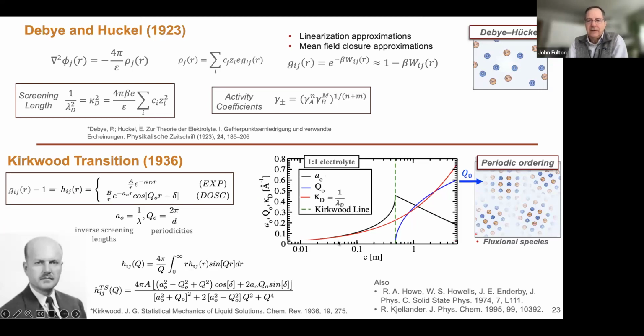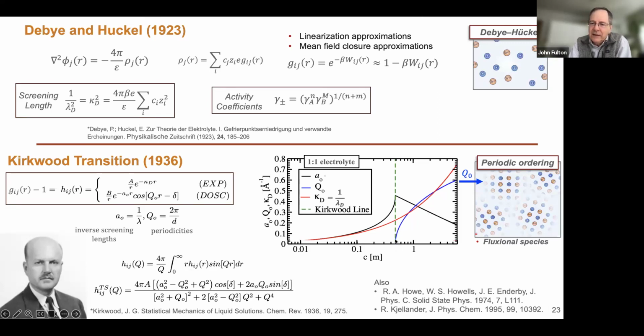This is shown conveniently in this plot here. The red line is the inverse screening length from Debye-Huckel, and the black line is from the Kirkwood theory. It shows that at very low concentrations, it agrees with Debye-Huckel, but at some intermediate concentration, the inverse screening length increases, goes through a cusp, and then the trend reverses.